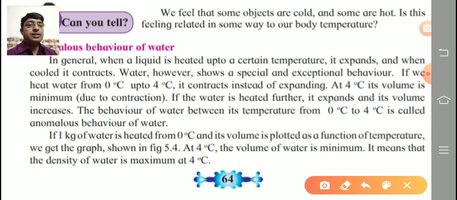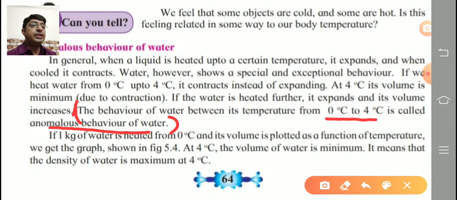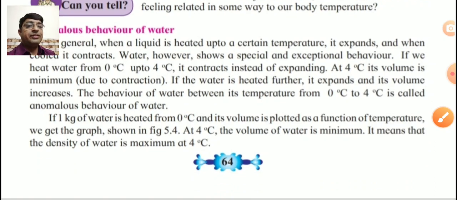So we learn a new concept related to water, that is the anomalous behavior of water. Mark the definition. What is meant by anomalous behavior of water? The behavior of water between 0 and 4 degrees Celsius is called anomalous behavior of water. All of you mark that definition. If 1 kilogram of water is heated from 0 degrees Celsius and its volume is plotted as a function of temperature, we get the graph shown in figure 5.4 on the next page.